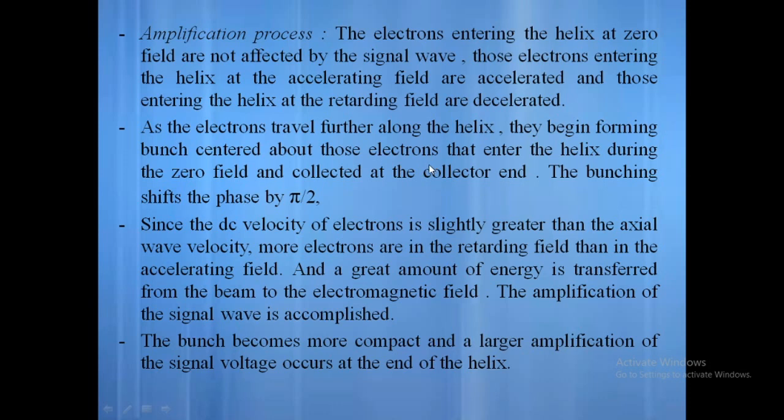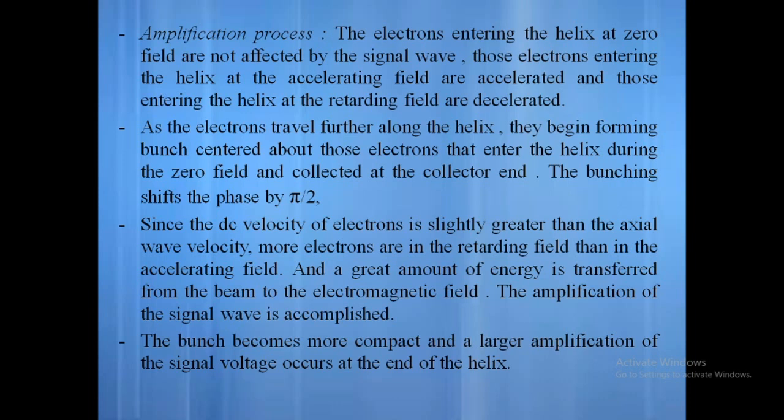The electron beam entering the helix during zero field and collected at the collector end, the bunching will be shifted by a phase shift of pi by 2. Whenever the electron beam travels throughout the helix, there is a chance of an increase in electric field from the helix start to the helix end, up to the peak.